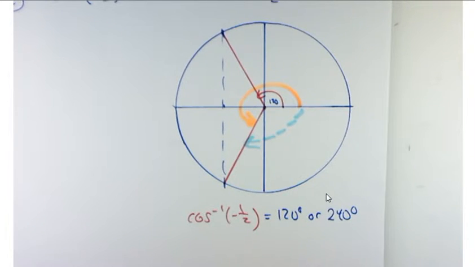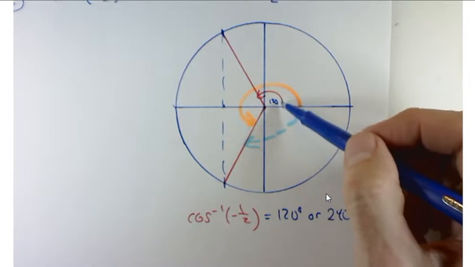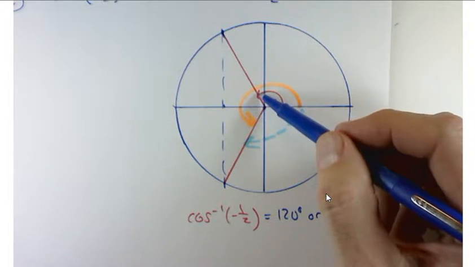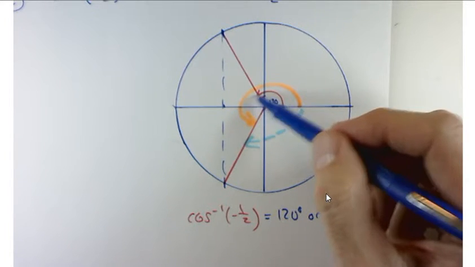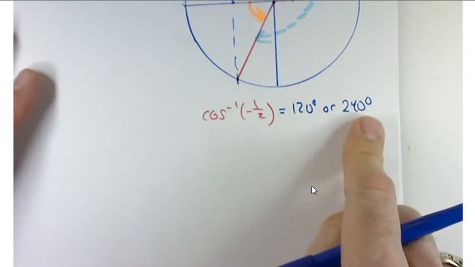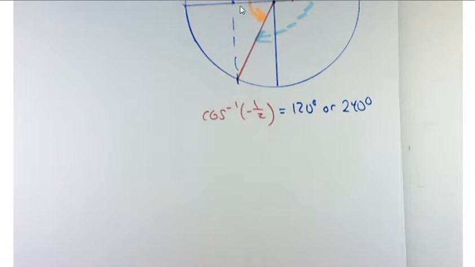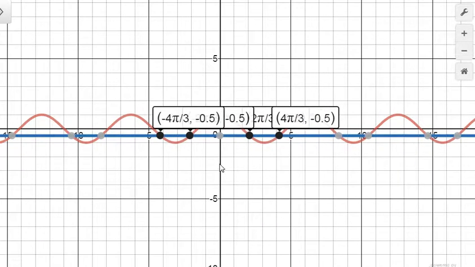So what happens if I want all the solutions? Well, I'm going to get a solution here at 120, and then if I add 360, I'm going to be back here again, right? And then I add another 360 or subtract 360 a couple times, etc. So my solutions, if I go beyond just 0 to 360 or 0 to 2 pi, it's going to be an infinite number. You can see that. There's an infinite number of solutions here.